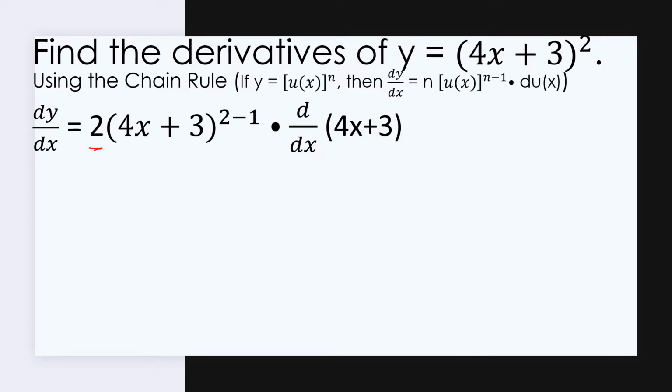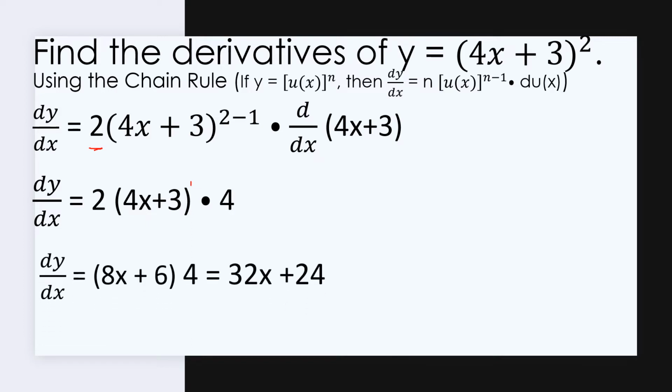Times the derivative of the function inside, 4x plus 3. What is the derivative of 4x plus 3? You have 4. So you have 2 times 4x plus 3 to the 2 minus 1, 1 na lang. The derivative of 4x plus 3, you have 4. So 2 times 4x plus 3, you have 8x plus 6, times 4, 32x plus 24.